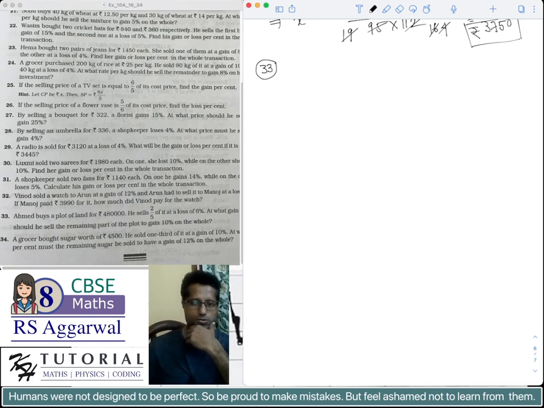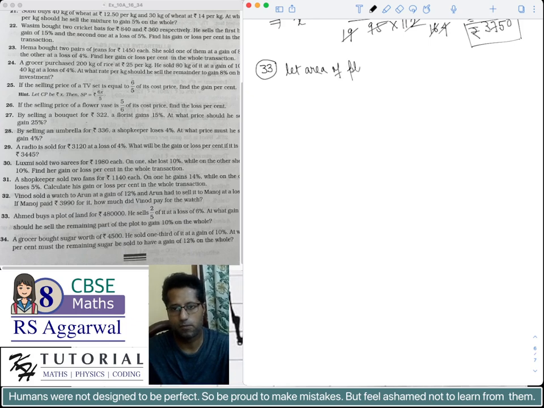Okay. So the unknown is the area of the plot. So let the area of plot be x. Now Ahmed buys a plot of land for rupees 4,80,000.